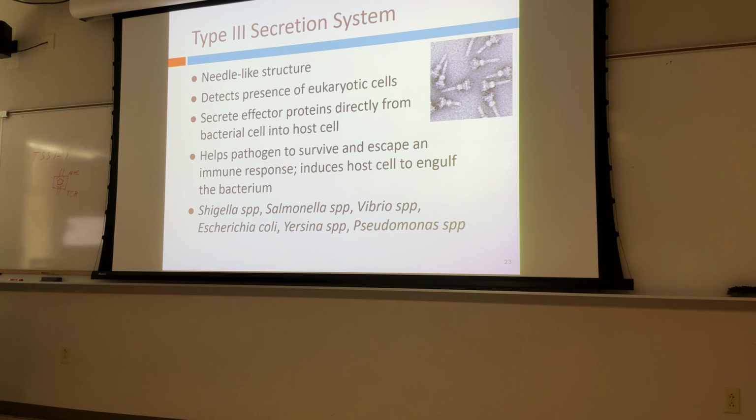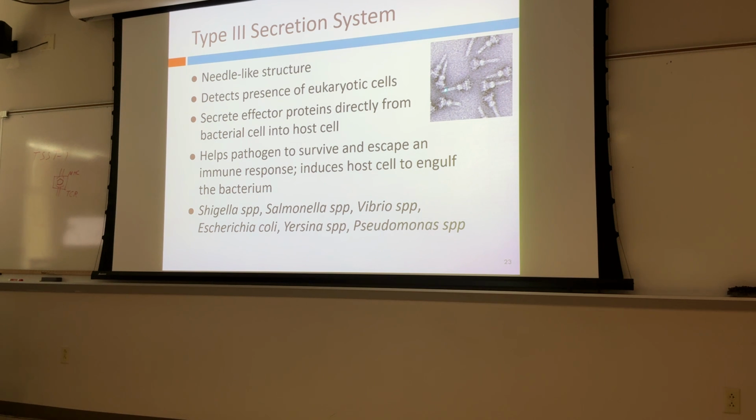Some bacterial cells can make these needle-like structures. That's from a type 3 secretion system. Bacterial cells make this. This part down here, see how it's wider down here? This is embedded in the outside of the bacterial cell. And from this, you have this needle-like structure that extends out right here.